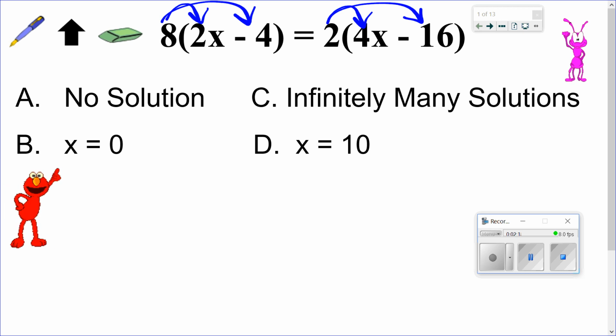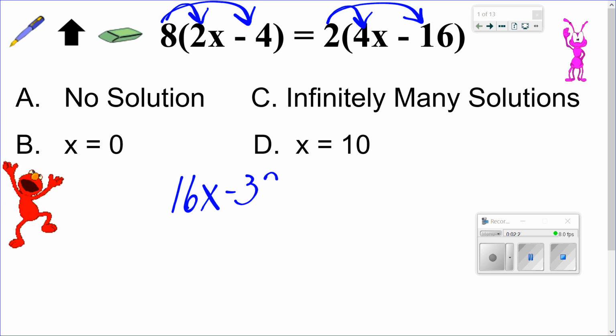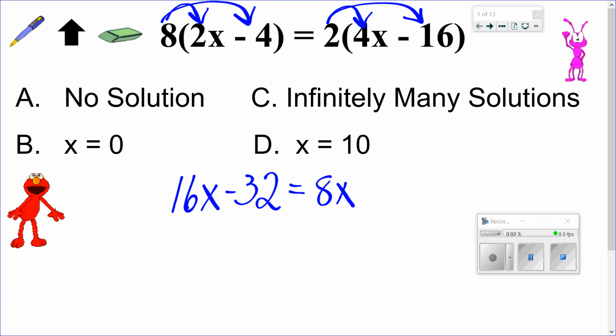So if we distribute, 8 times 2x is 16x. 8 times negative 4 is negative 32. Equals 2 times 4x is 8x. And 2 times negative 16 is negative 32.